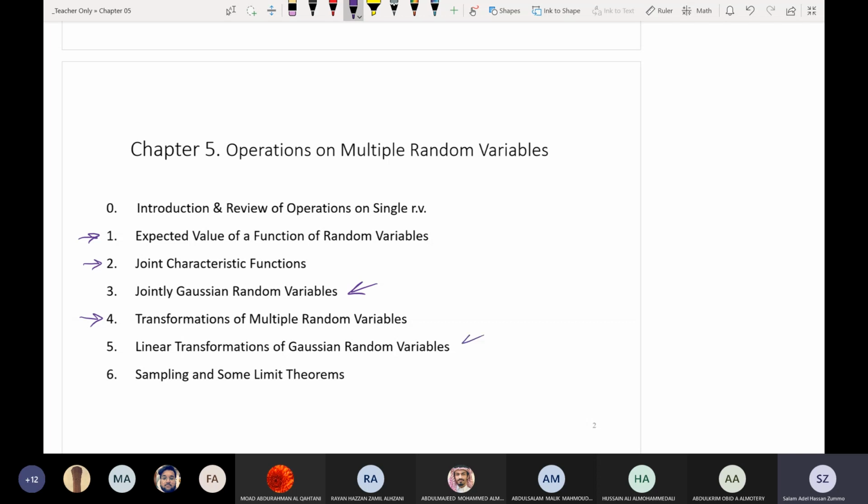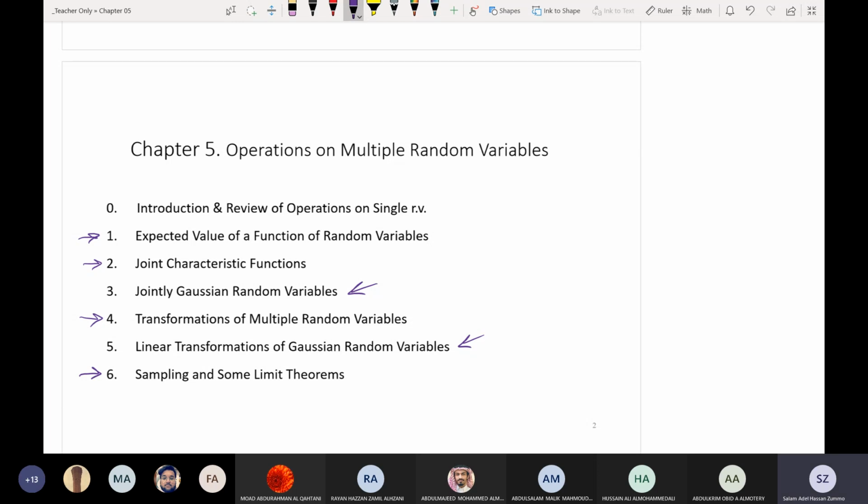And then again, we'll come to jointly Gaussian random variables, however, when we have linear transformation for them. So if you have jointly Gaussian random variables and you apply linear transformation through a matrix, then what will be the resulting random variable and the distribution and so on. And then we'll briefly finish the chapter with some sampling and limit theorems, very briefly.